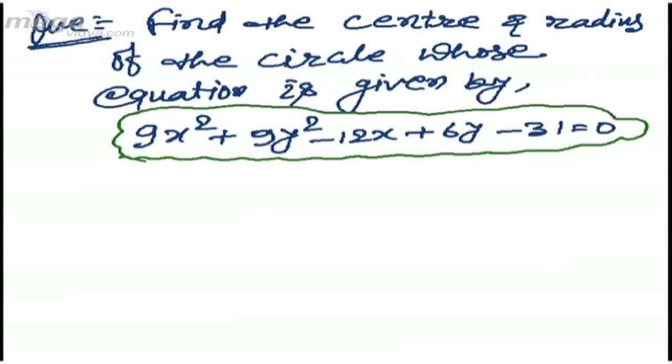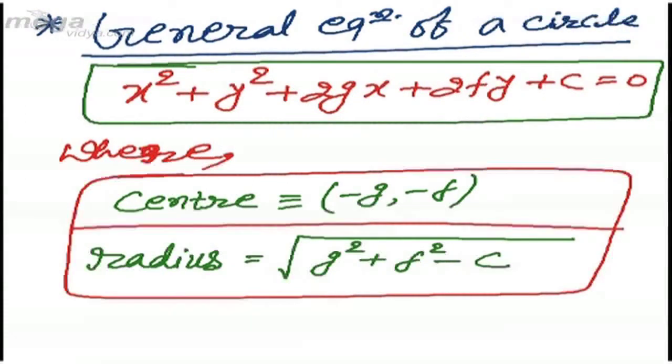So we will compare this equation with the general equation of the circle, that is x square plus y square plus 2gx plus 2fy plus c equal to 0. But student, here the coefficient of x square and y square both should be 1, 1. Then the center is this and radius is this.